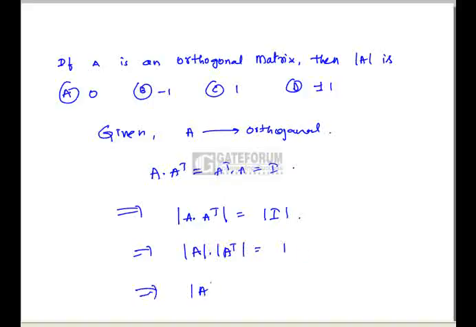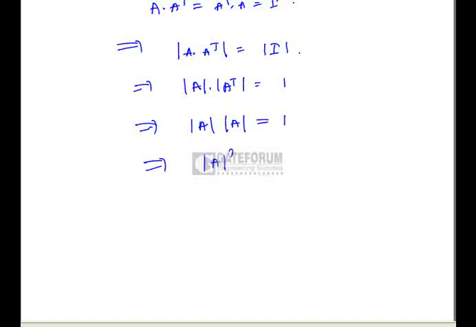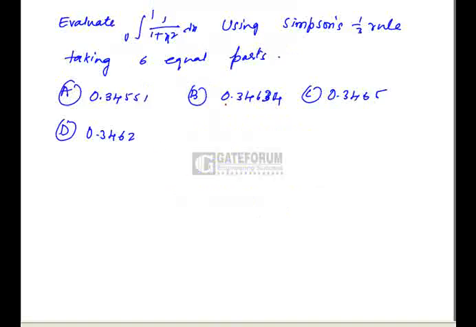Now also we know that the determinant of A transpose and the determinant of A are equal. So we can write this as determinant of A squared equals 1. So the determinant of A will be plus or minus 1. That is option D.